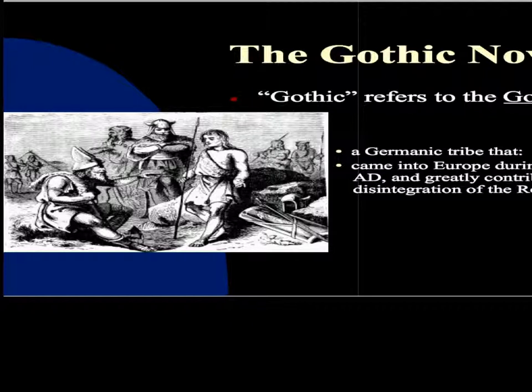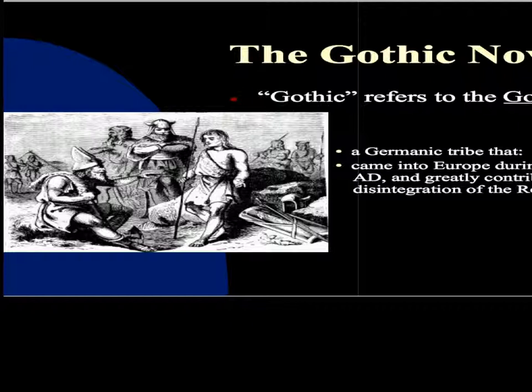A group of people that came out of the Romantic period were known as Goths, or Gothic. They invented the Gothic novel, of which Frankenstein is the first. Now, we can talk in class about why this group was referred to as Gothic, but who are the Goths historically?